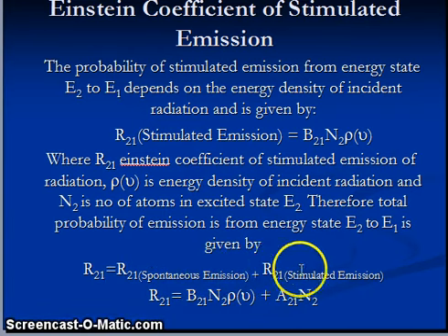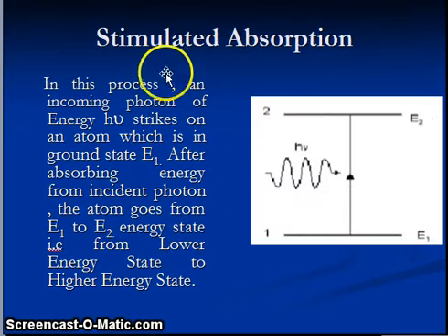R21 stimulated emission is equal to B21 N2 rho nu. So putting these values, the total probable rate of emission is equal to A21 N2 plus B21 N2 rho nu.